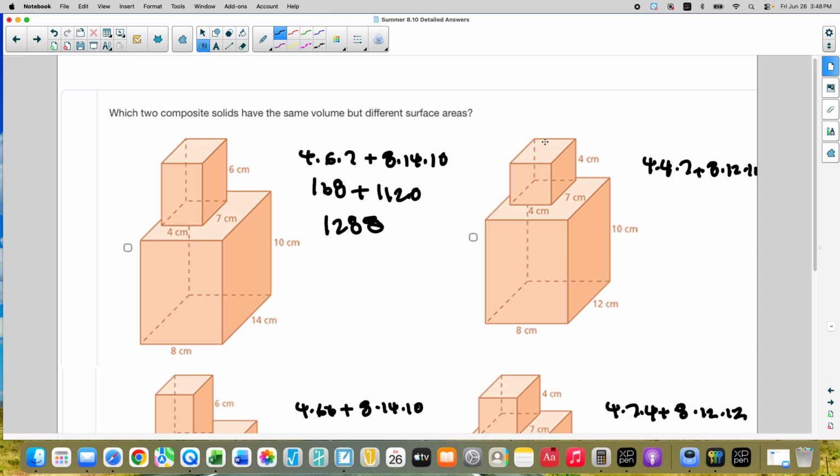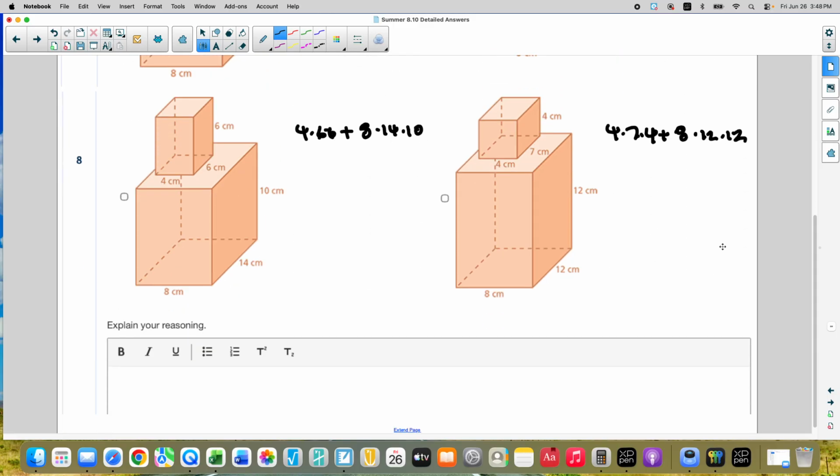So let's look at this one. This is going to be 16 times 7, 112. And that's 8 times 12 times 10, so that's 120 times 8, which gives us 960. Plus 112 gives us 1072.